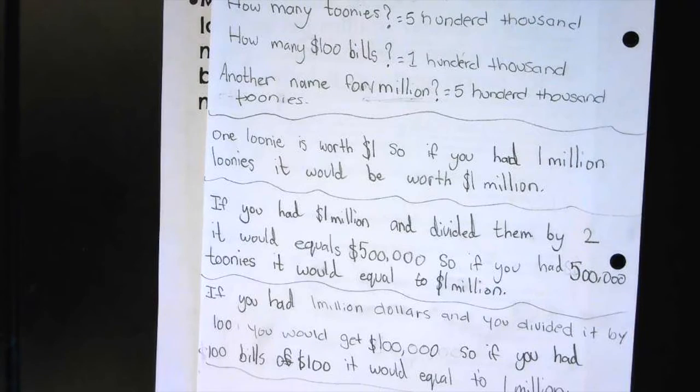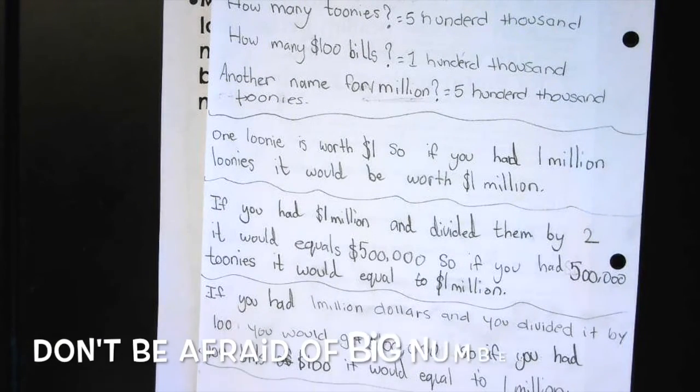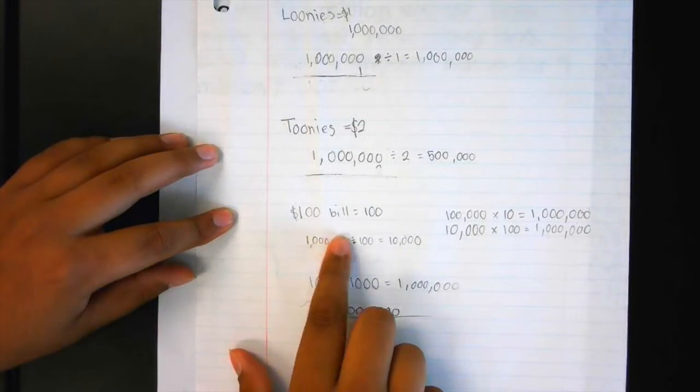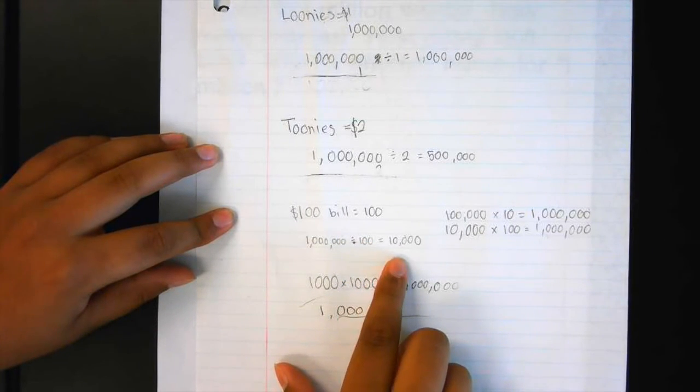But if you have big numbers, they're scary because there's a lot of zeros, a lot of ones, and a lot of other numbers, and it can get a little intimidating. But your strategy just showed us that you break the number down into something manageable, and you can figure out almost any question.